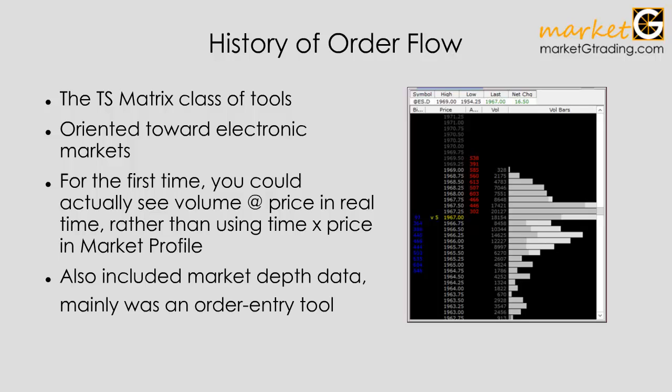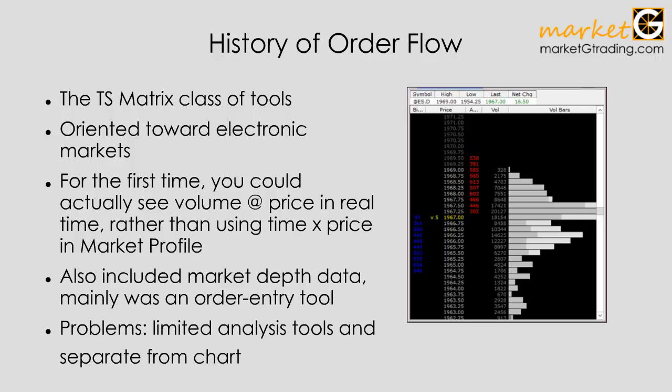It also included market depth data typically and was mainly designed as an order entry tool. The problems with this were that there were limited analysis tools and it was separate from the chart, so you were constantly shifting your focus from the chart back to the matrix, etc.